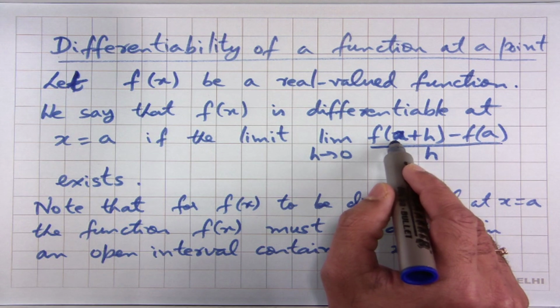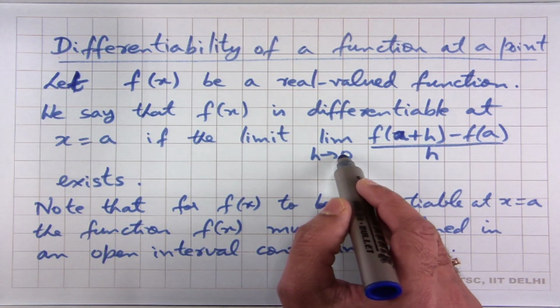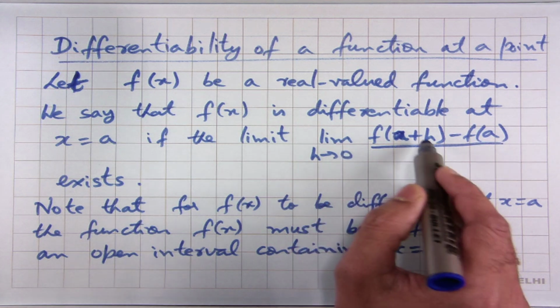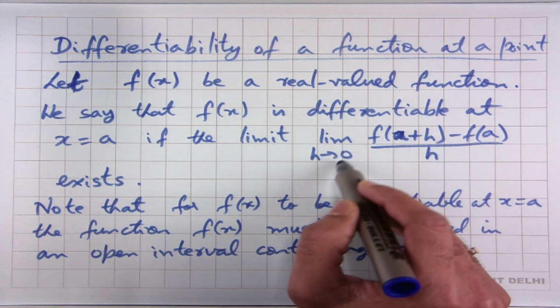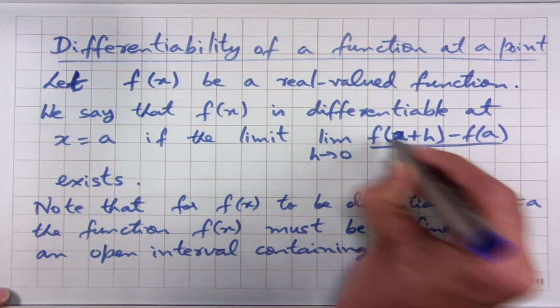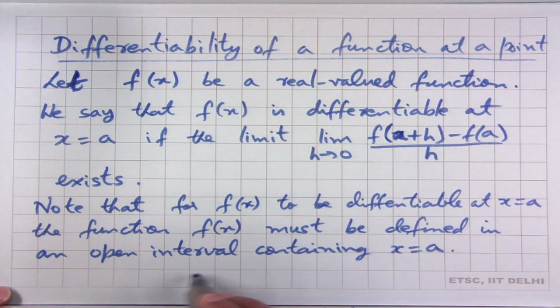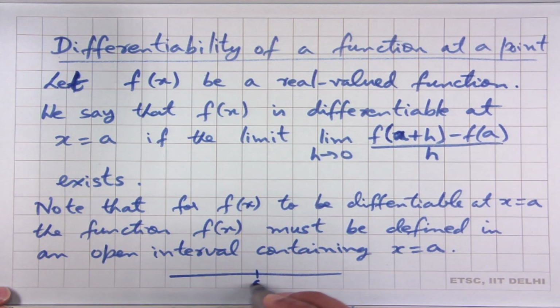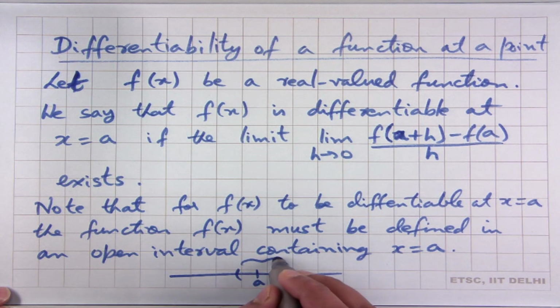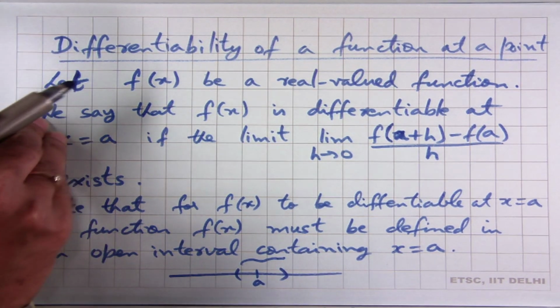Also, we are writing f of a plus h and then taking the limit as h going to 0, so h can be positive or negative and a small real number. So, the function must be defined in some interval near a, then only we can talk about the differentiability of the function.